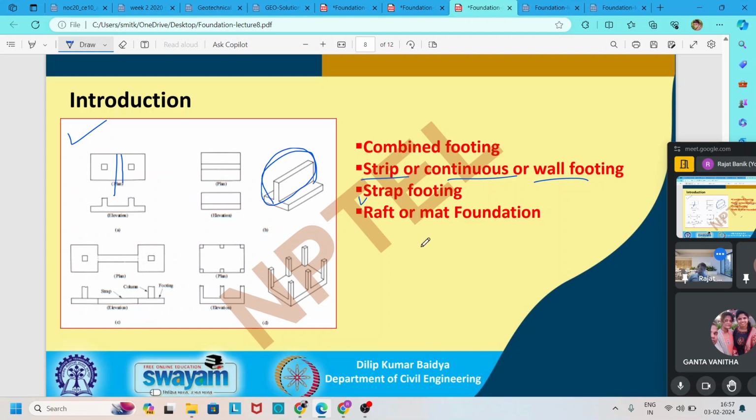And the last one is mat foundation or raft foundation. If the number of columns is more and the foundation area of each column is overlapping each other, so it is built combined, and this is called the raft foundation or mat foundation.